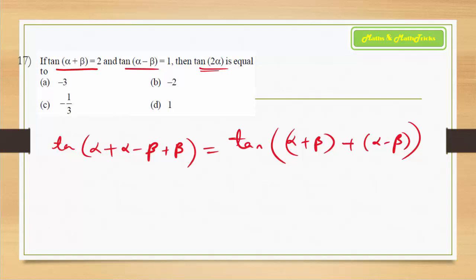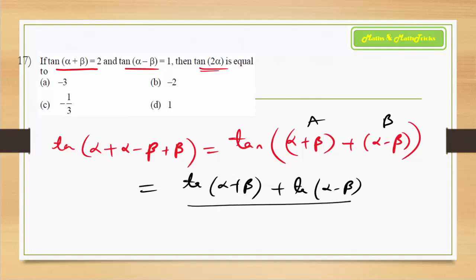So it's a tan of A plus B formula where A is alpha plus beta, B is alpha minus beta, which becomes then tan A plus tan B upon 1 minus tan A into tan B using the formula, and substitute the values now. When you substitute the values they gave, you will get easily the option A.